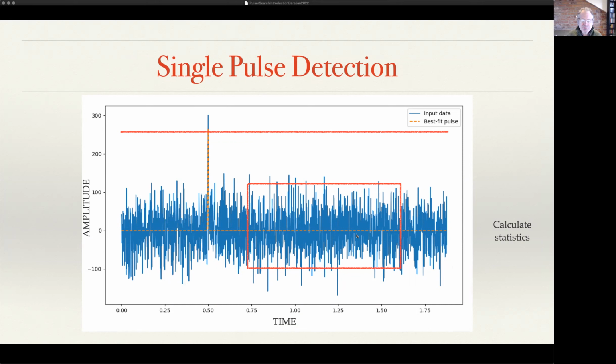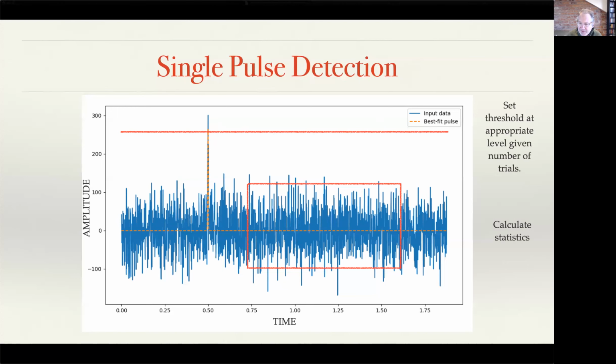And so here we'll work out the standard deviation of the data, and then we'll compare the total intensity in this region, the pulsed region, and we'll set a threshold, and the threshold is shown by this red line here.